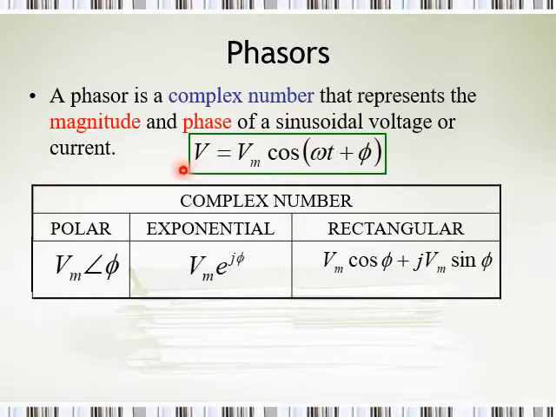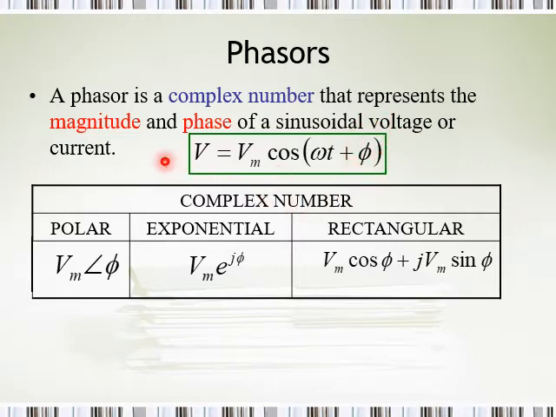So this is the sinusoid equation. V equal to Vm cos omega t plus phi. It is normal to find the equation in sine, but there is a little bit of difference between cos and sine in terms of phi.